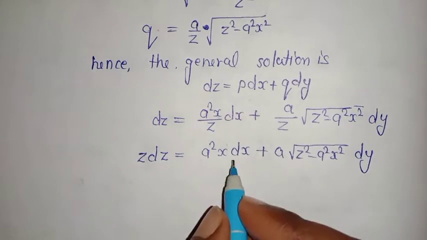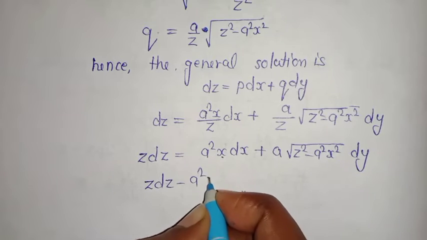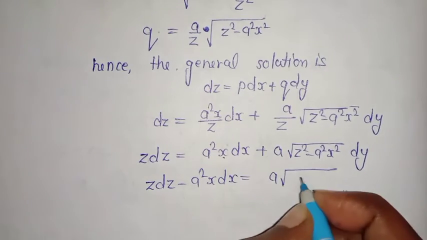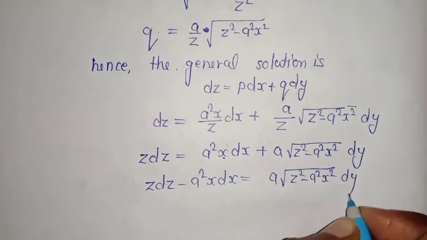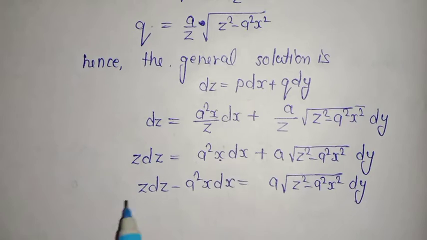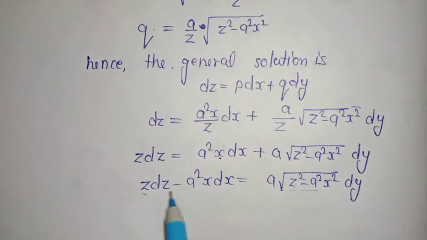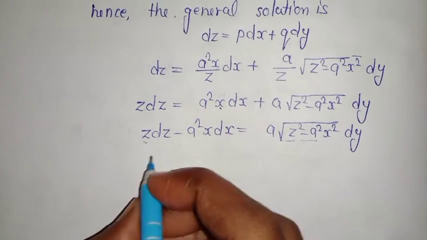Now if we take this term at this side, then this becomes z dz minus a square x dx is equal to a root of z square minus a square x square into dy. Now firstly I should write this term, then I will tell you what is the condition.